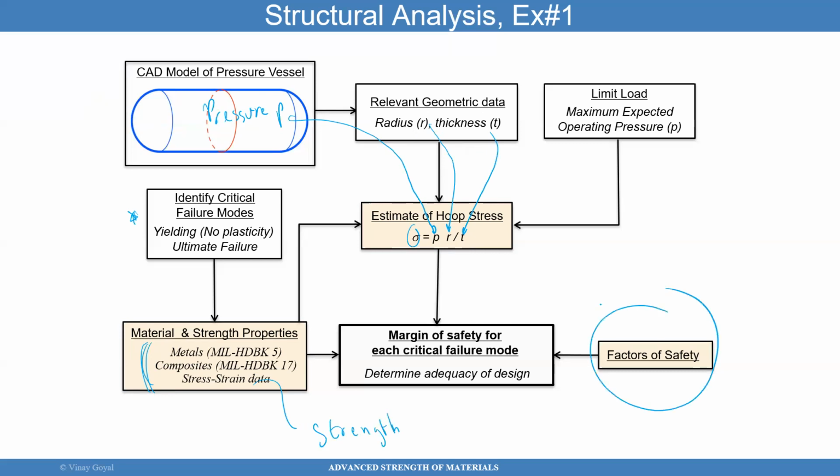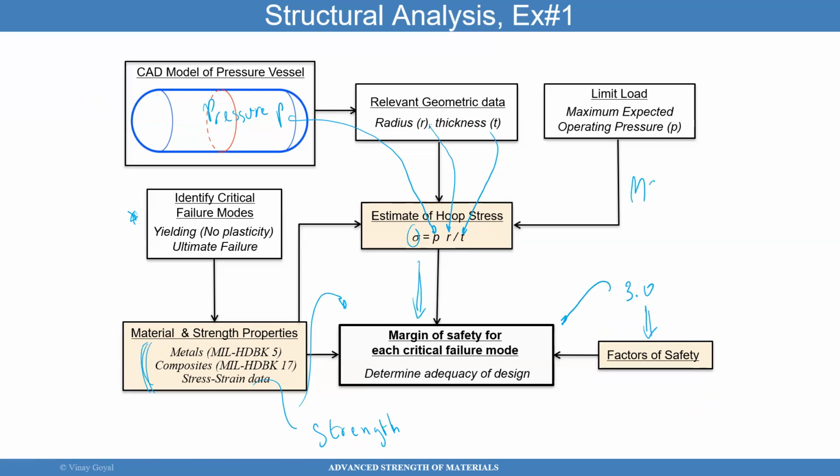I know the factor of safety for aircraft is 1.5, or let's just change it. Say it's a ground system, mechanical engineering, a ground lifting system. The regulation tells us 3.0. I bring this here, this here, and this here, and I calculate the margin.